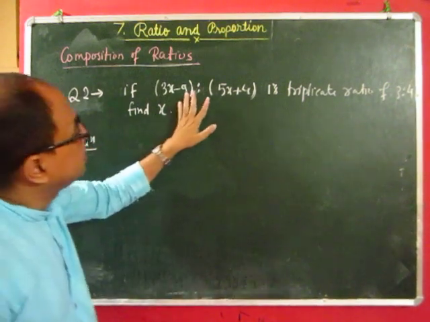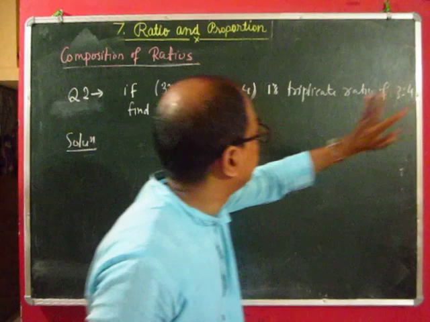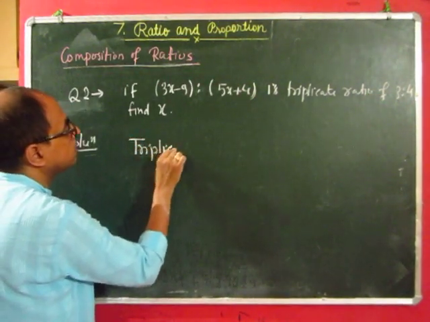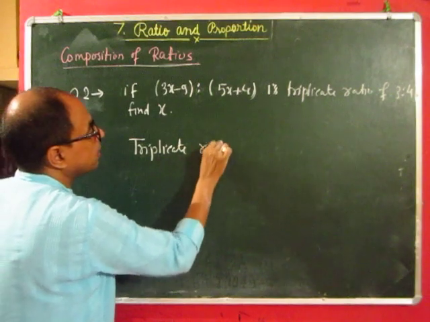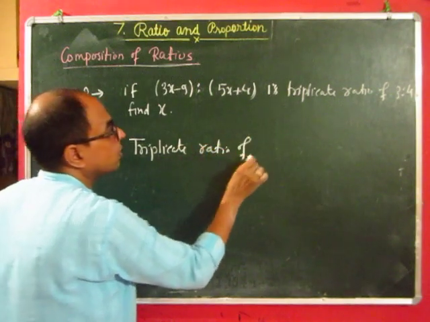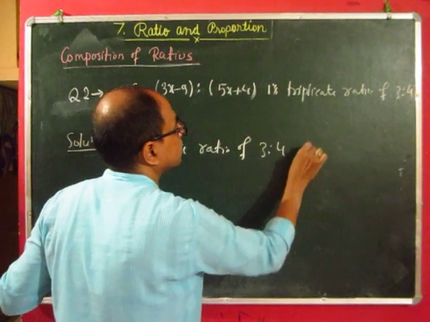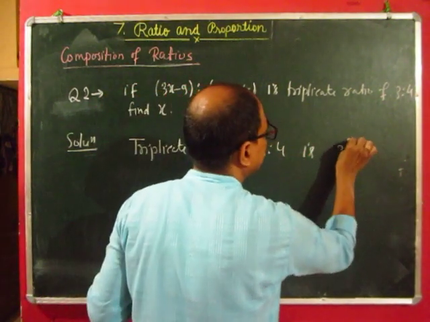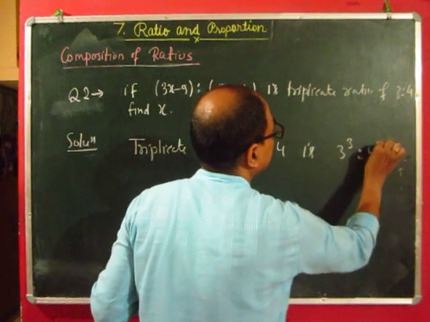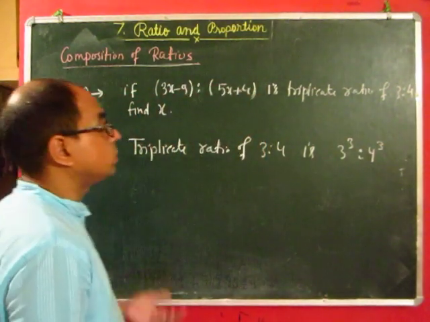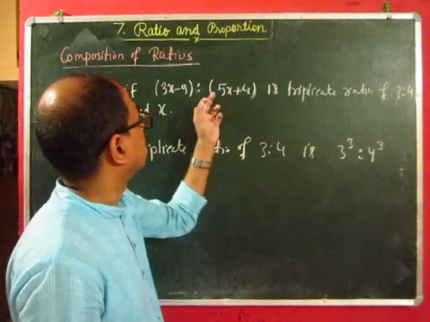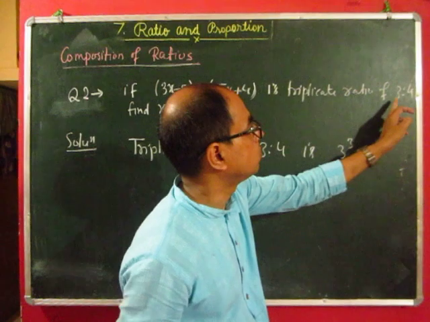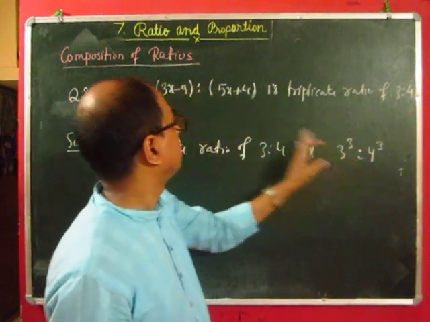Here it is given that this ratio is the triplicate ratio of 3 is to 4. The triplicate ratio of 3 is to 4 will be 3 cube is to 4 cube. We know that the triplicate ratio of 3 is to 4 is this one, so this must be equal to this one.